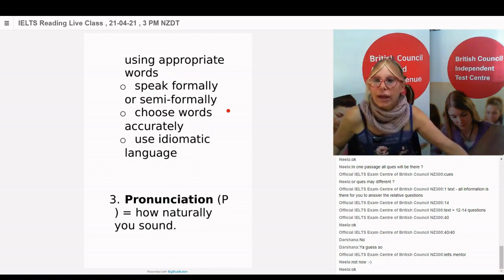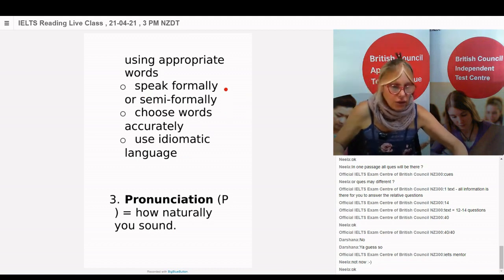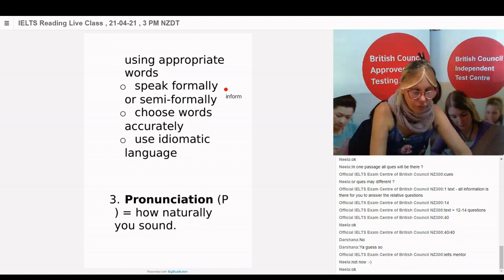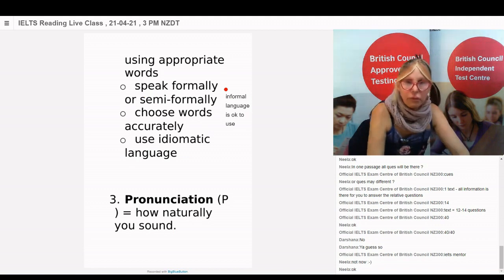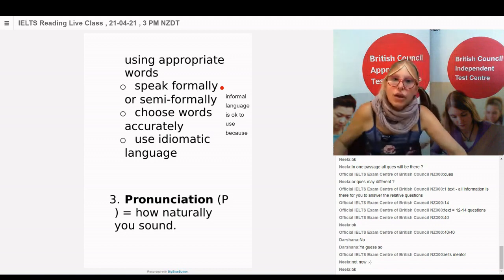So this is also interesting because when you use informal language, it shows that you know some slang.